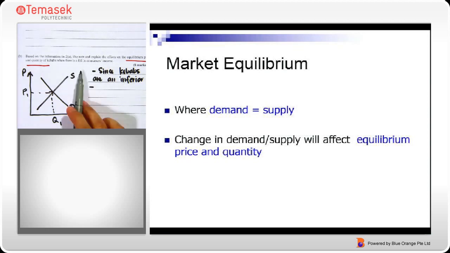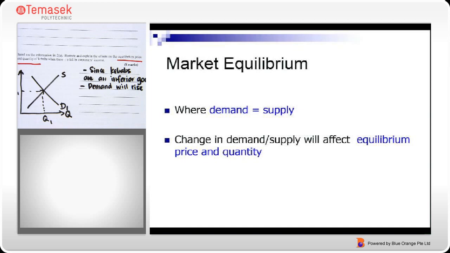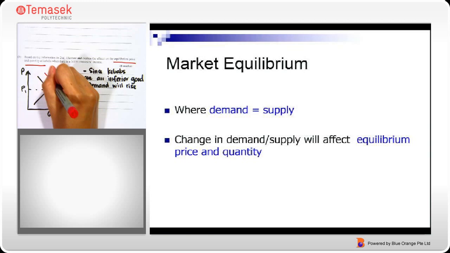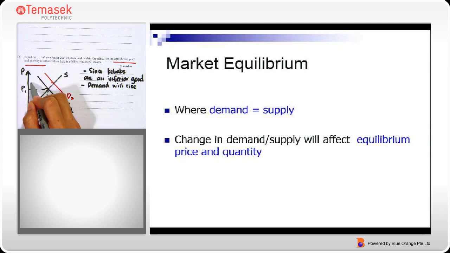And when there is a fall in income, demand will rise. So when demand increases, the demand curve will shift to the right, and it will result in a change in equilibrium point.